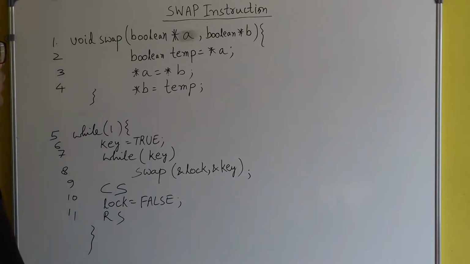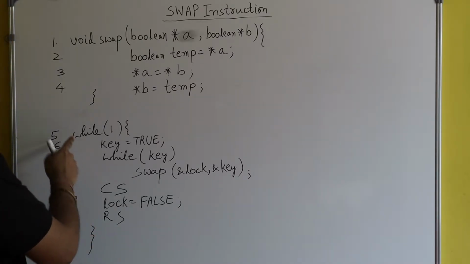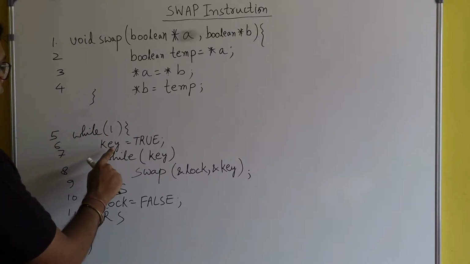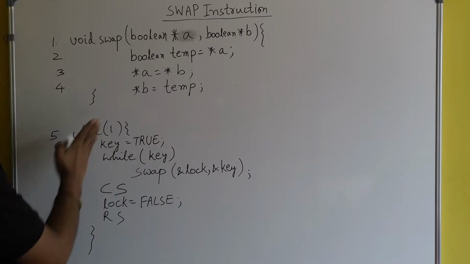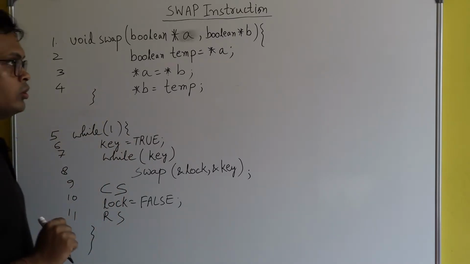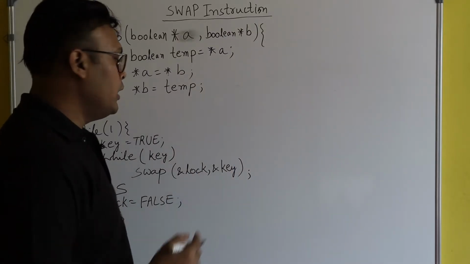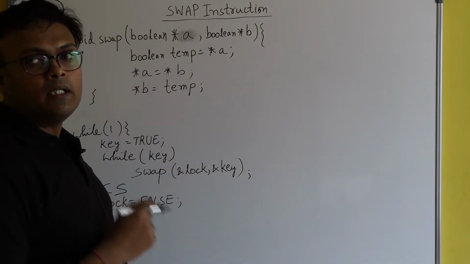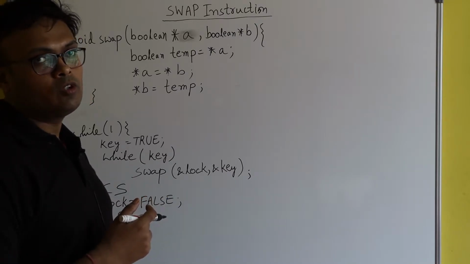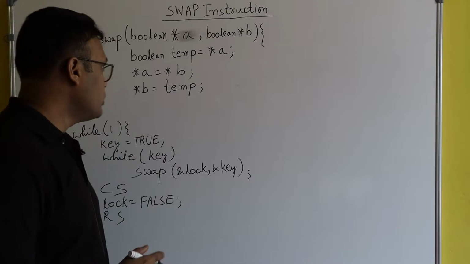So from here I will start. Here it's written while 1, key is equal to true. So forget about this while, it's nothing. Key is equal to true. So here a new variable key is used. But in the test and set instruction, we used lock. Here we will also use the key.